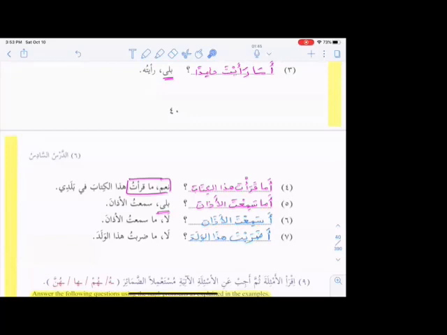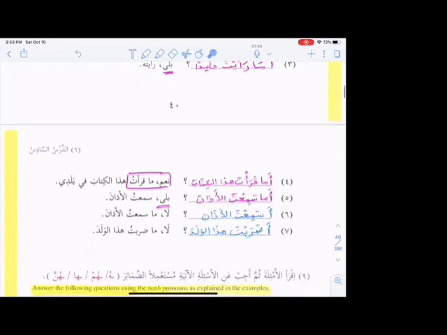If you did not hear, then you'll say la, ma samiyatul adhan. No, I did not hear. I repeat again. Ama samiyatal adhana, bala samiyatul adhana. Asamiyatal adhana, did you hear the adhan? And you say, no, I did not hear. Then you'll say, la, ma samiyatul adhana.